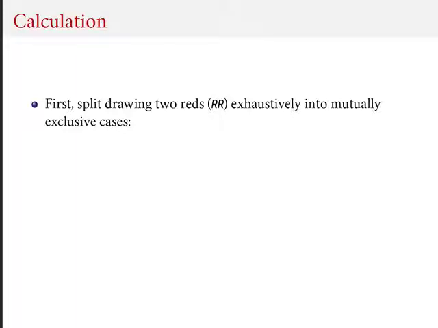So the first thing we do is we split the drawing of 2 reds exhaustively into mutually exclusive cases, and what we get from that is the following identity. The probability of drawing 2 reds equals the probability of drawing 2 reds and it being from urn 1 plus the probability of drawing 2 reds and it being from urn 2. So let me get out the pen.